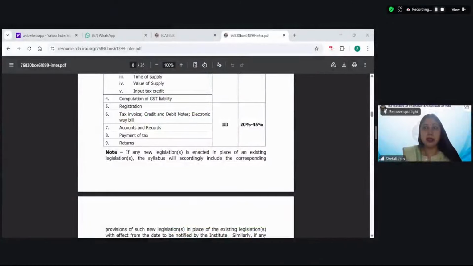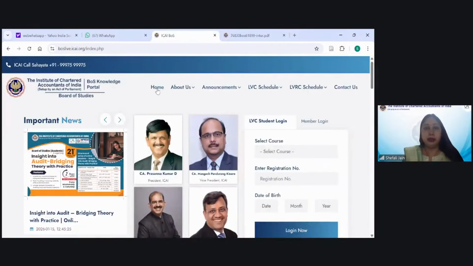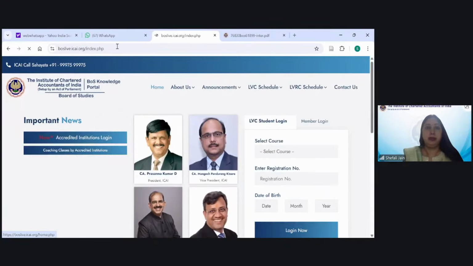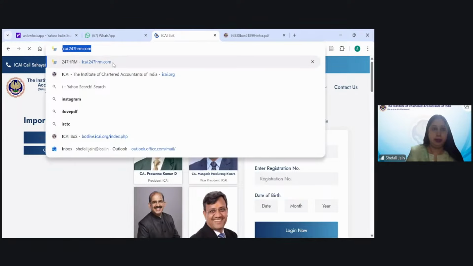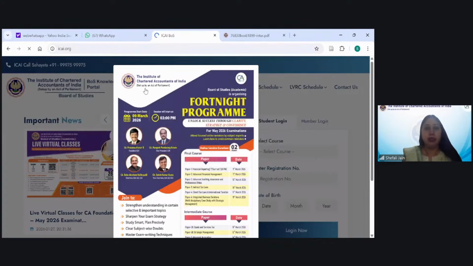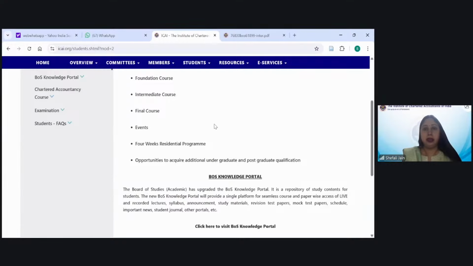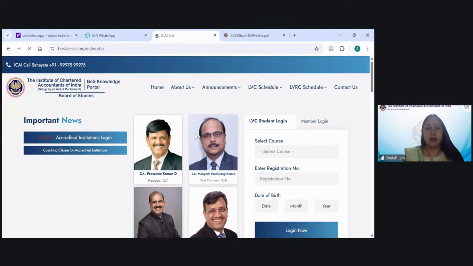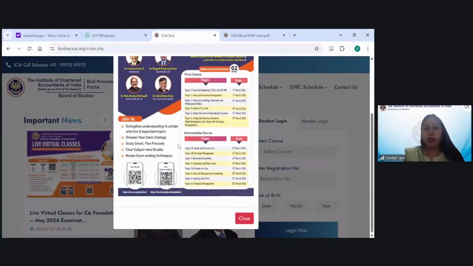In fact, I think now my system is working, so I can show something which I wanted to show to the students. If we go to the home page, this is the schedule of the fortnight program which is appearing here.